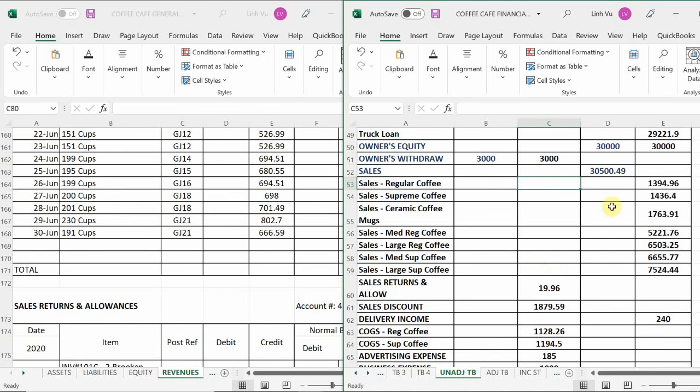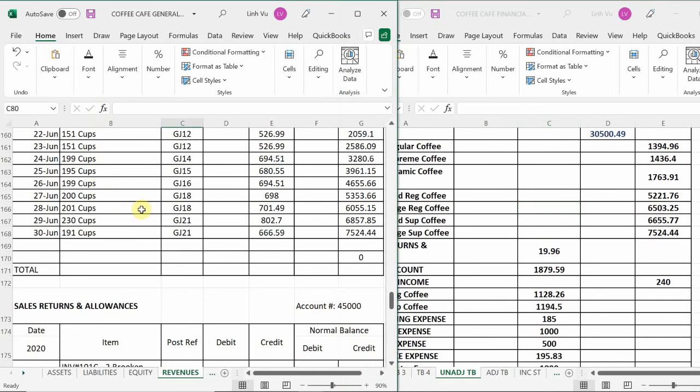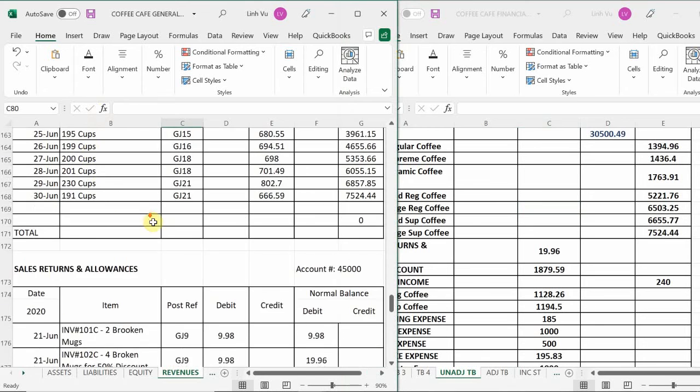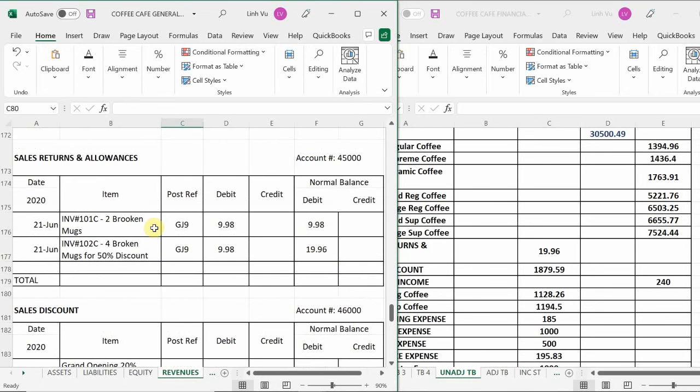So here my total sales was 30,549 cents. Okay. Sales returns and allowances. Yes, I know this is a contra account, but a contra account could be a contra main account.